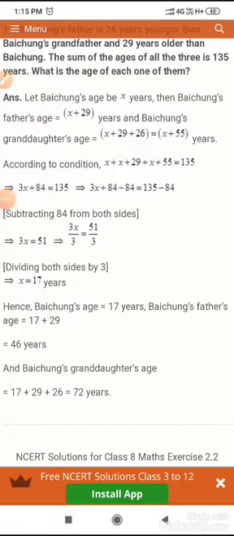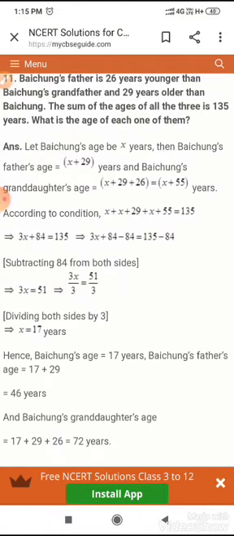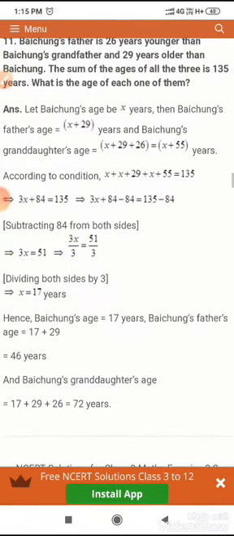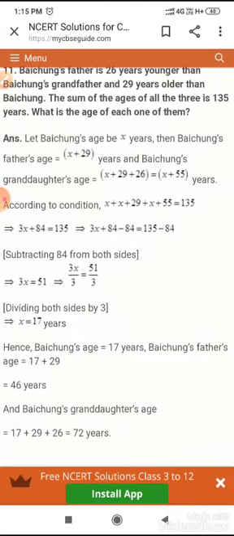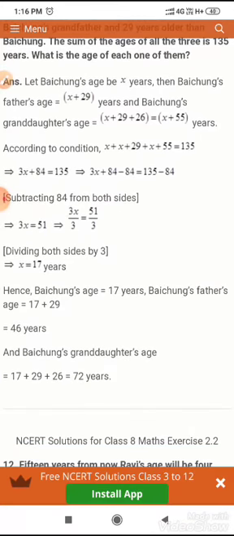Now his grandfather is 26 years more than his father. So his grandfather's age is x plus 29 plus 26. Then according to our question, the sum of their ages is 135 years. So x plus x plus 29 plus x plus 55 is equal to 135.